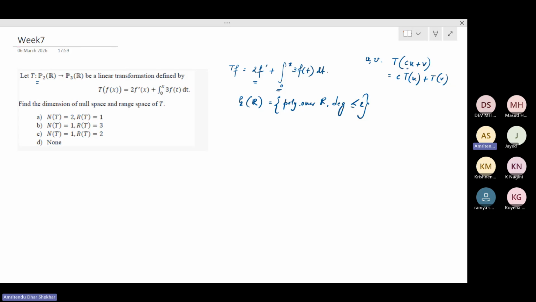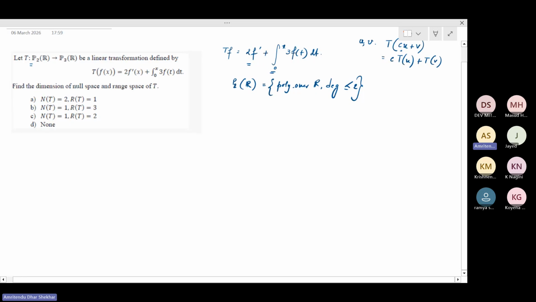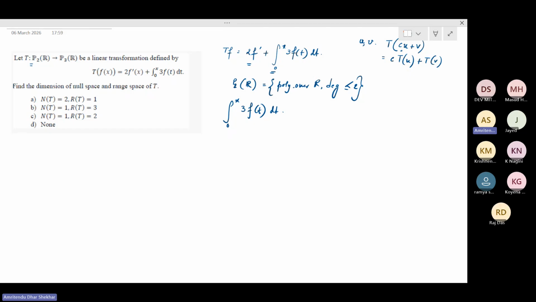And this is a linear map because this part is linear and this part is also linear. When you see this integral from 0 to x of 3f(t) dt, this is also a linear map, as you can verify easily, because the integral operation also acts linearly on the polynomials.